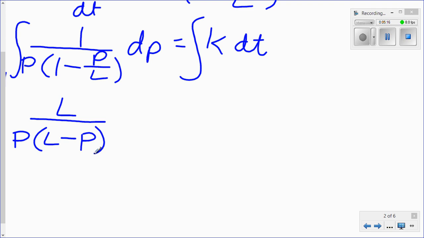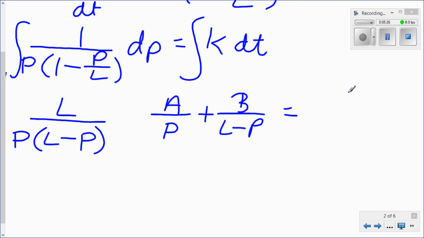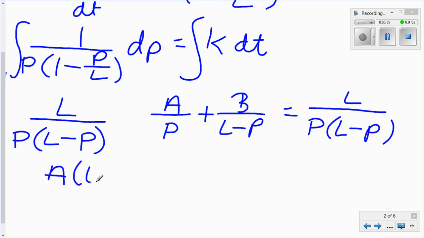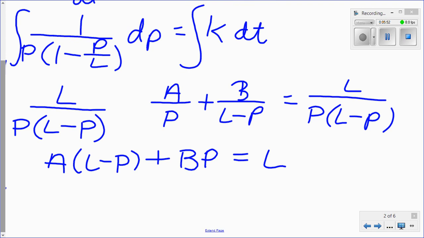So I would end up with A over P plus B over L minus P equals L over P times L minus P. Now for me to solve for A and B, I'm going to end up with A times L minus P plus B times P equals L. Now keep in mind, you guys, that L is a constant in this equation.